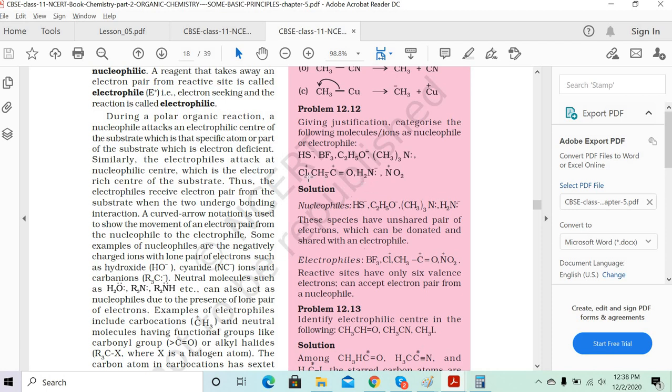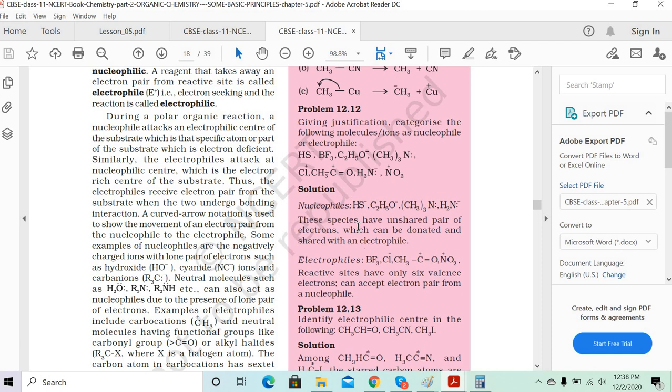So basically, let's try to understand this part. When we say nucleophiles, we have HS minus, sulfide minus. These basically have an unshared pair of electrons which can be donated or shared with the electrophile. Whichever species has a negative charge has an extra pair of electrons added.